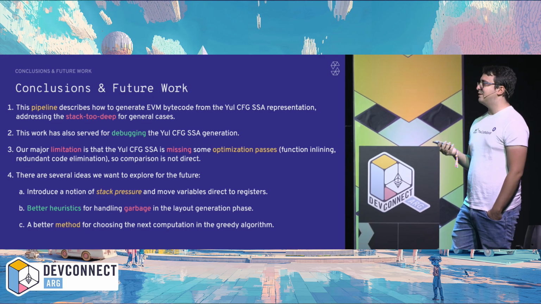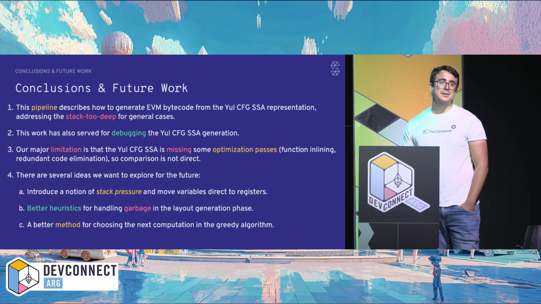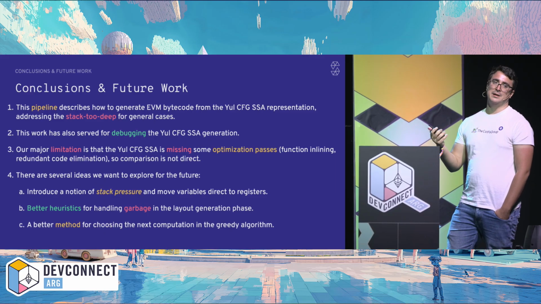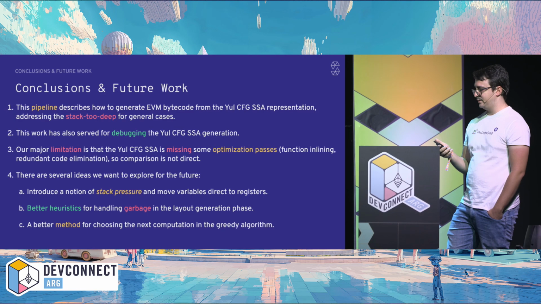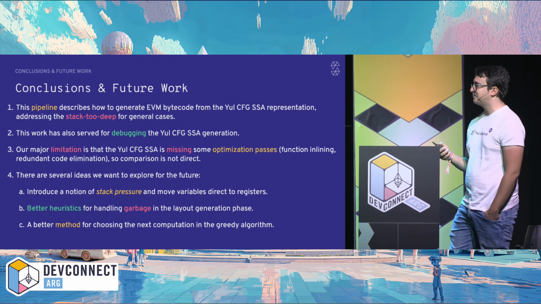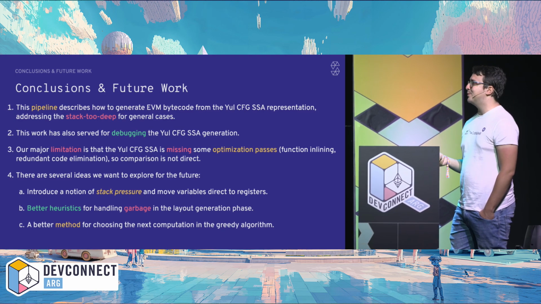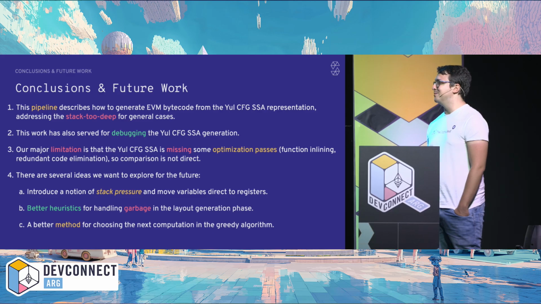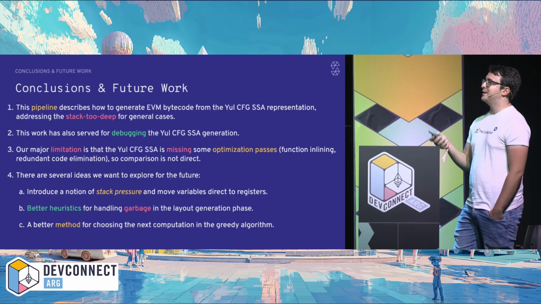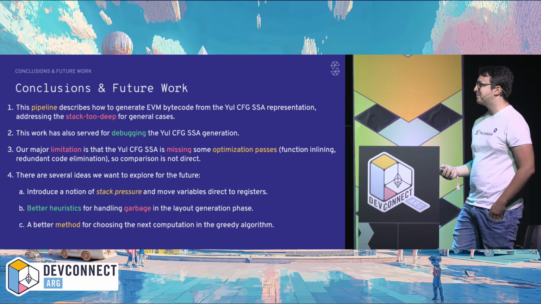The most relevant ones are function inlining and some redundant cut elimination, which make it quite difficult to compare block to block with their pipeline. Hopefully at some point this is going to be improved, so that we can apply our pipeline as a last step in the generation phase.